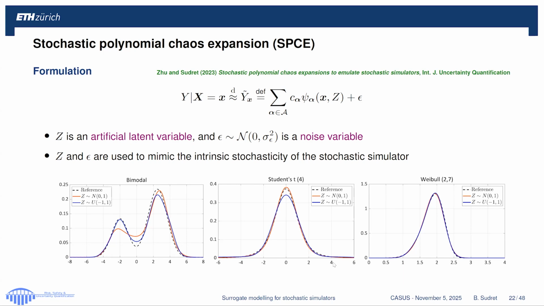Here is a graphical representation to show that for standard symmetric or non-symmetric distributions, but also for unimodal ones, if you have data from those distributions, then you can fit such an expansion quite well. And if you put in more points, this converges to what you want.